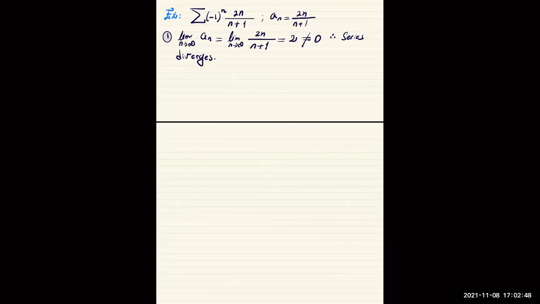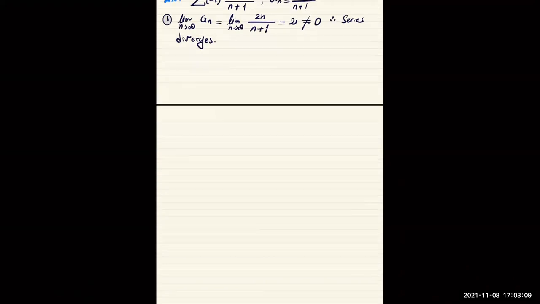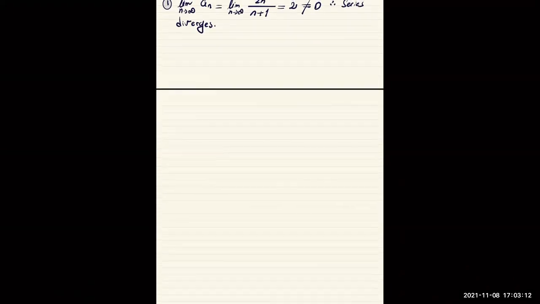I promise you, we'll do more when I cover absolute convergence. Let's talk about that and get that out of the way. What does absolute convergence mean? Imagine we have an alternating series, and someone said, should we take the absolute value of the terms?